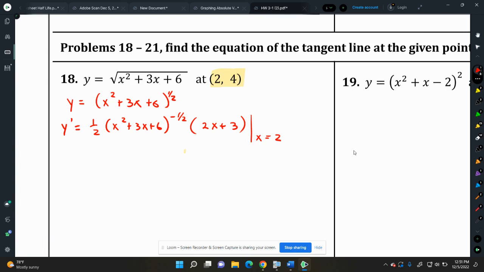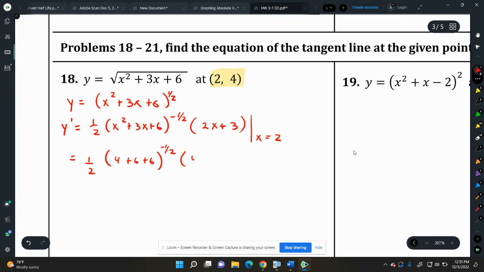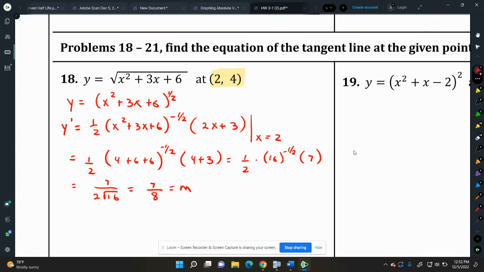So that gives me 1/2 times 4 plus 6 plus 6 to the negative 1/2 times 4 plus 3, which gives me 1/2 times 16 to the negative 1/2 times 7, which gives us 7 over 2 times the square root of 16, which is 7 over 2 times 4, so it's 7 over 8. That's my slope. Did everybody get that far?